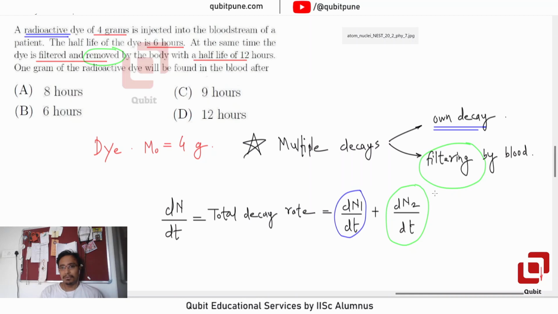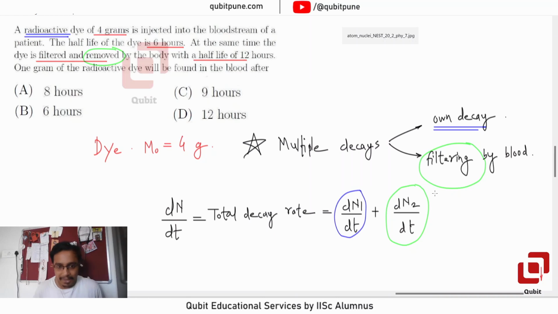Total decay. See, it's not that the nuclei which have decayed naturally, the blood will filter them out again. No. We assume that the radioactive dye, once it loses its radioactivity, once it decays, then it cannot be removed by the body, or even if it does, we don't consider that here. We are considering the radioactive atoms, or nuclei.